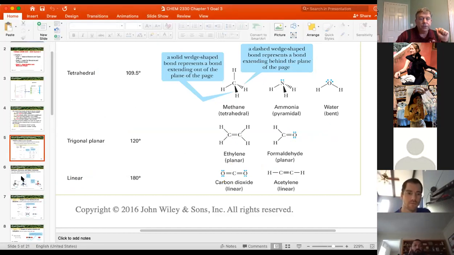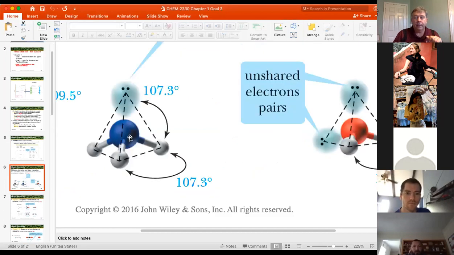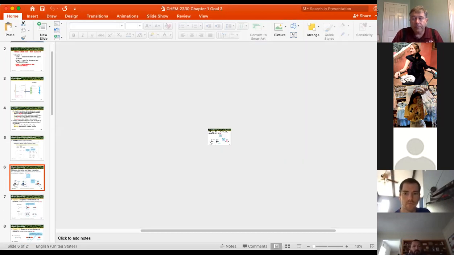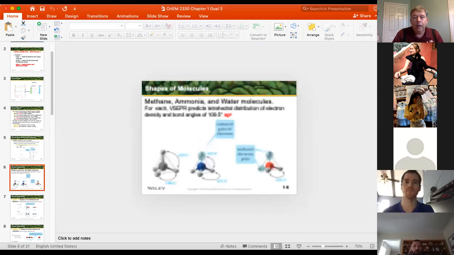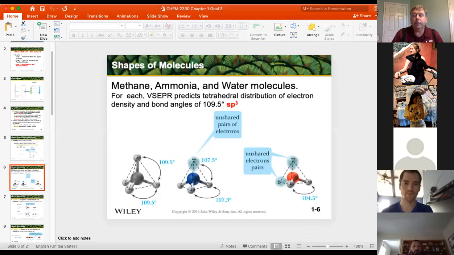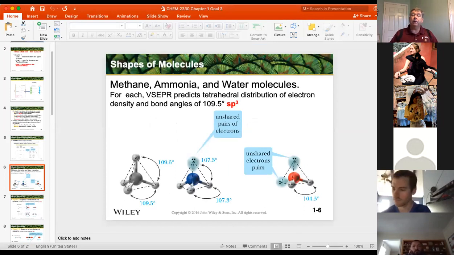All right, so that being said, when we look at the shape of molecules, you first think about where the electrons are, and the electrons are going to give you how evenly distributed the bonds are going to be.